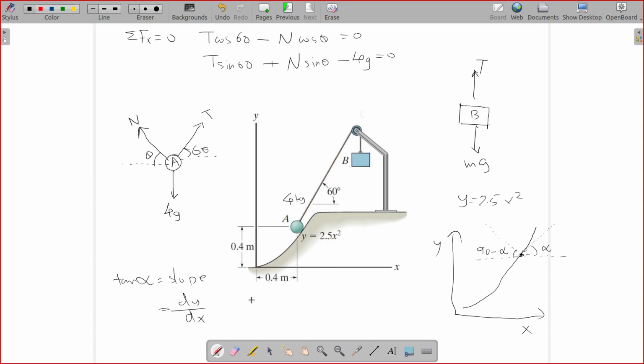What is y here? 2.5 x squared. So take the derivative of 2.5 x squared at the given location, x equal to 0.4. X is equal to 0.4, y is equal to 0.4, but you don't need y there.